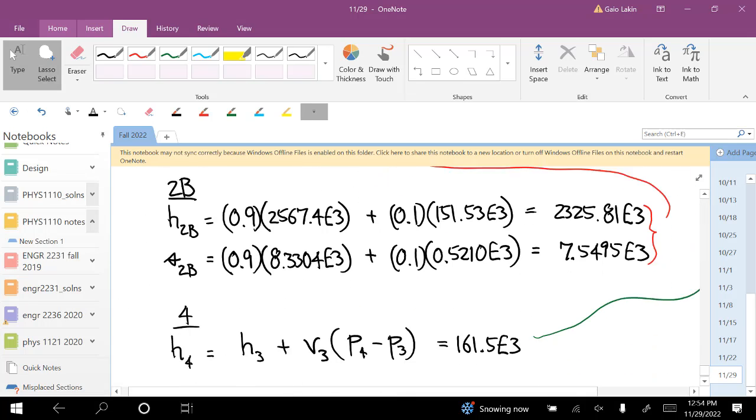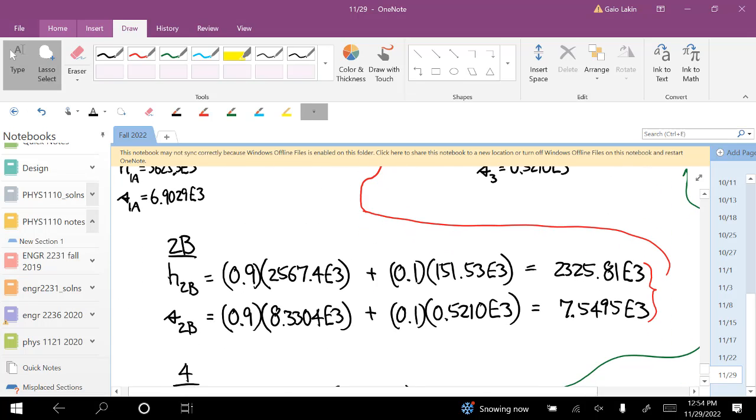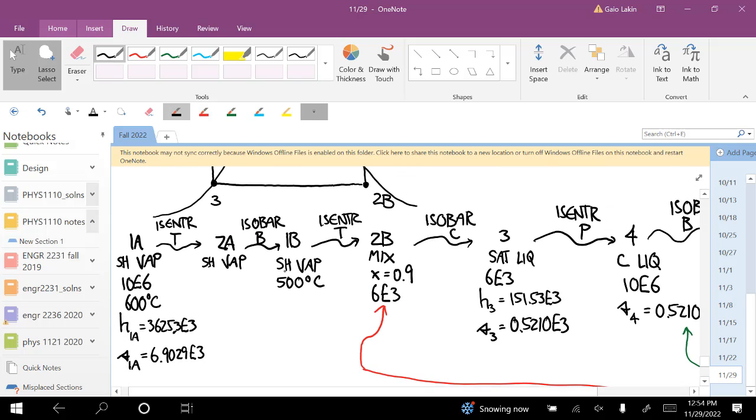So notice that we calculated the entropy at 2B, and because that turbine is isentropic, we also know the entropy at state 1B.